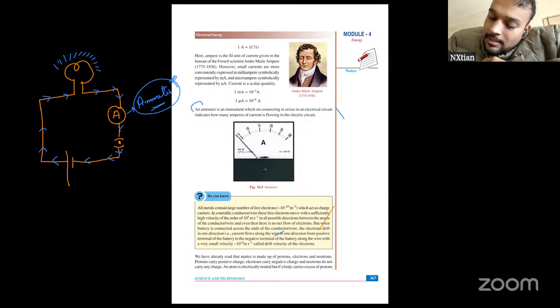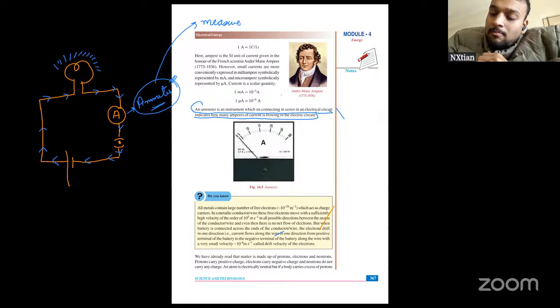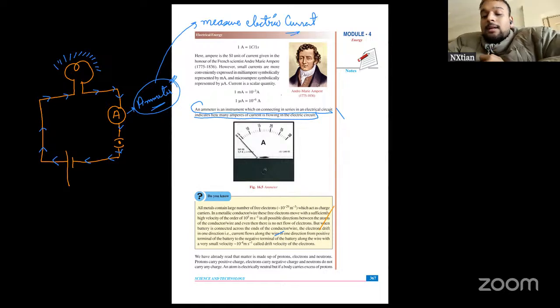Ammeter is an instrument which, when connected in series in an electric circuit, indicates how many amperes there are. It means it is a device that is used to measure electric current. So what is an ammeter? An ammeter is a device that is used to measure electric current. Did you understand, guys? Yes or no?